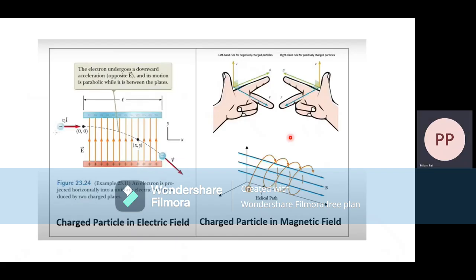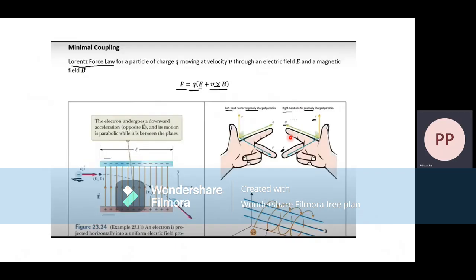So if your particle is moving forward with a perpendicular magnetic field, that's what the cross product of v and B means, and you get a force that is perpendicular to both of those.